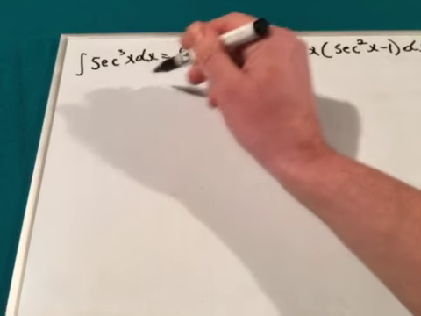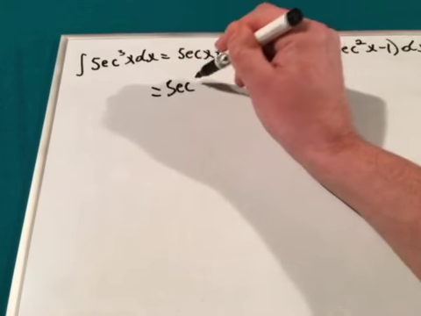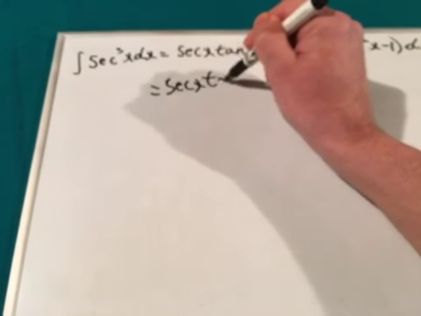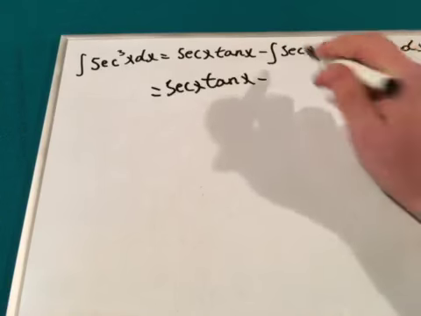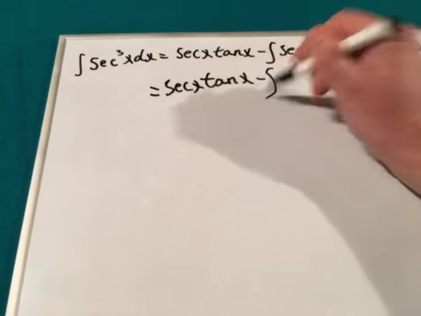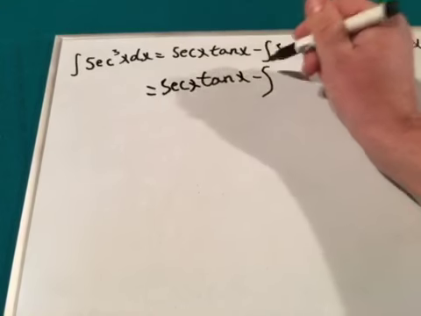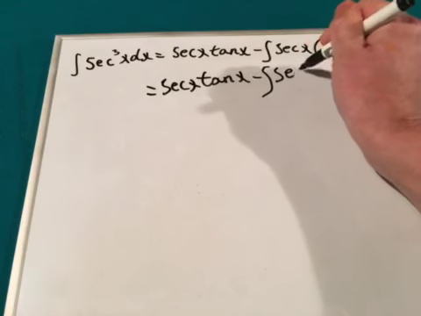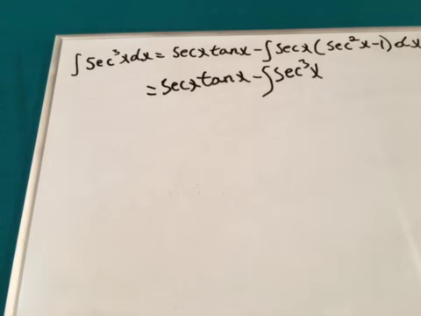We're going to get, let's see, we still have secant x tangent x, okay, then minus the integral of, well, secant x times secant squared x is going to be secant cubed x, right?